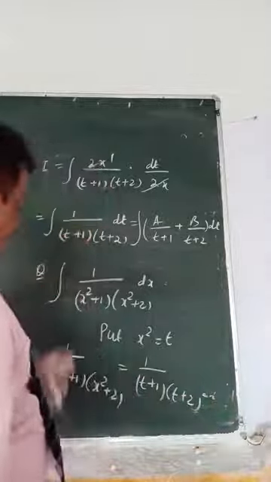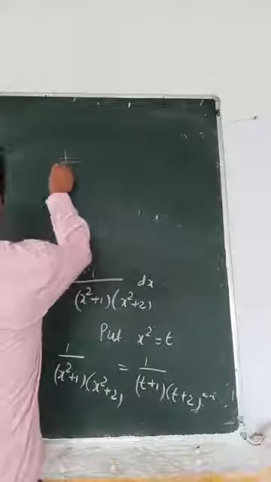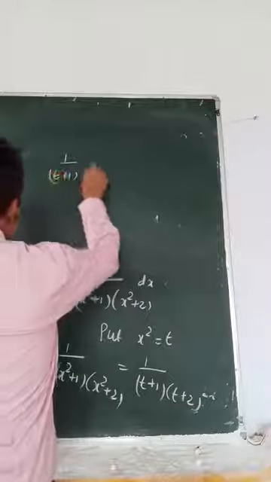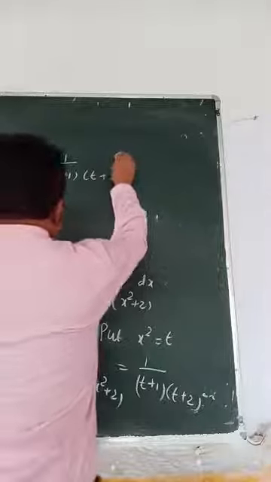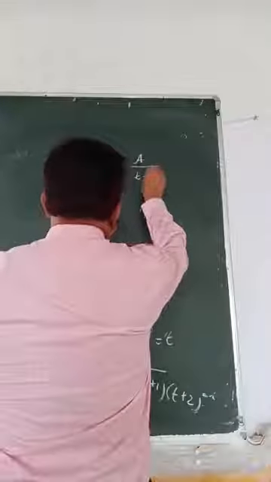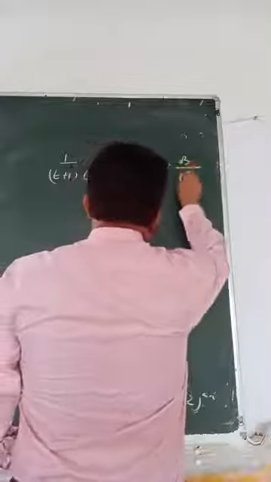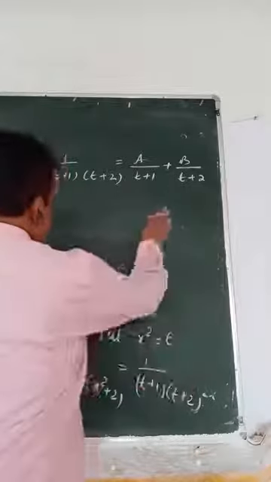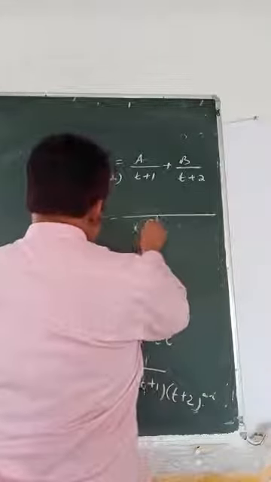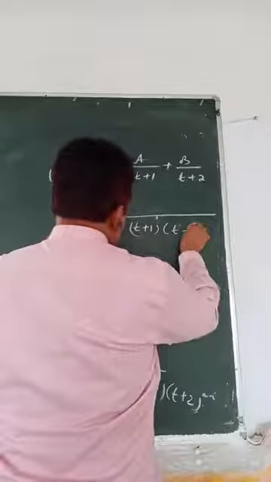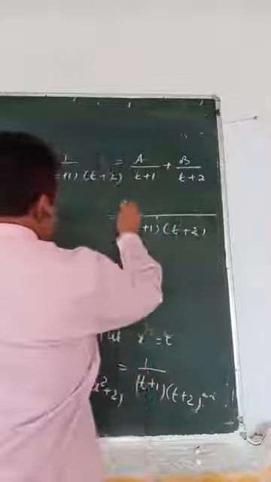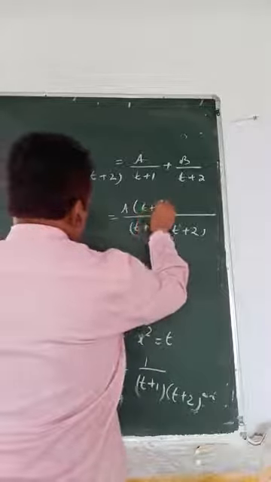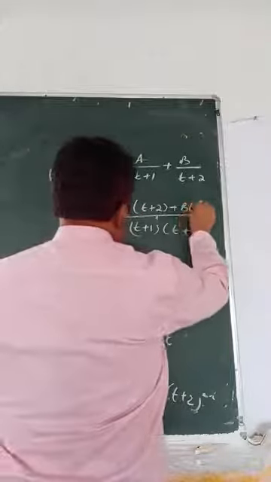So now how to solve this? Now 1 by (t plus 1)(t plus 2) is a by t plus 1 plus b by t plus 2. Okay, so what is the LCM? (t plus 1)(t plus 2), this will be multiplied here, a(t plus 2) plus b(t plus 1).